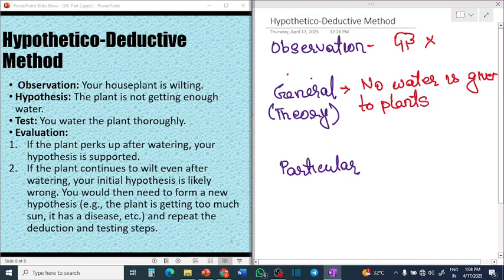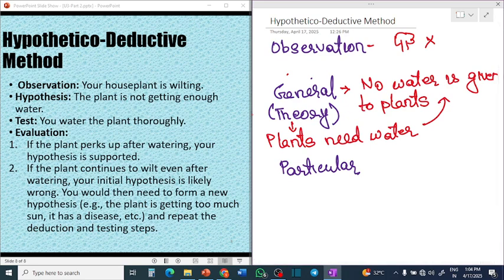Please notice that you have a theory that plants need water. So from this, you have developed the hypothesis that the plant is wilting in your house because no water was given to that particular plant.